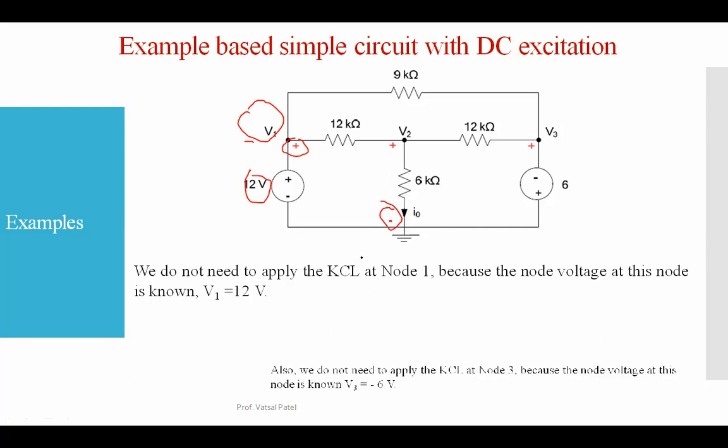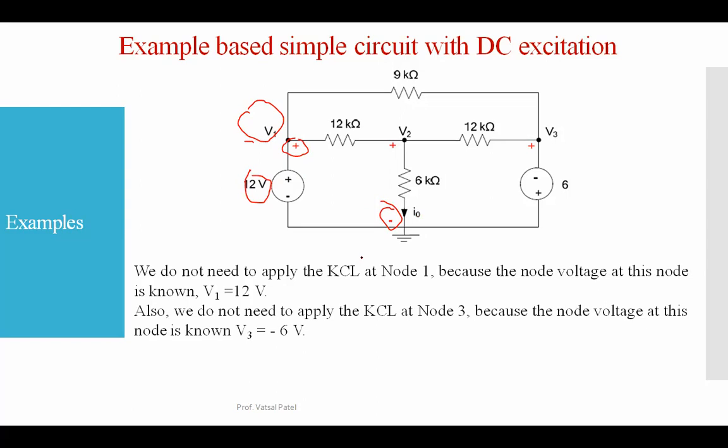Now if we talk about V3, as the direction is reversed here for the source, we can say that V3 is equal to minus 6 volt, because you can see here the direction of the polarity is reversed. So V3 that will be considered here is minus 6 volt.